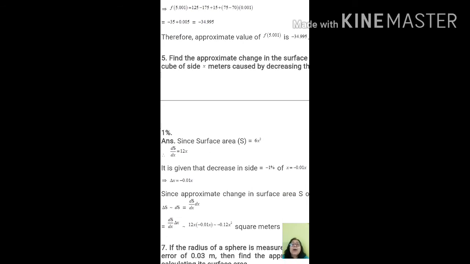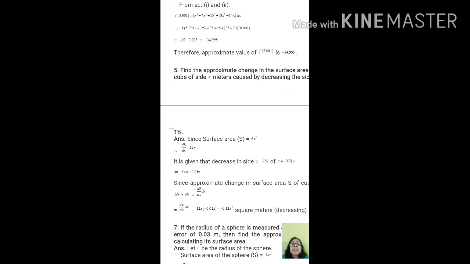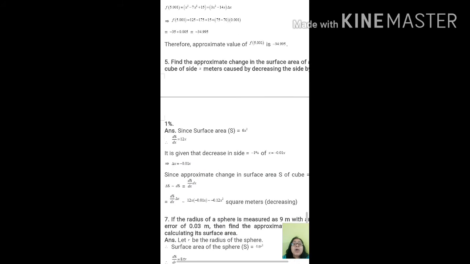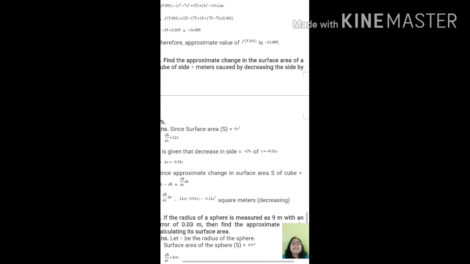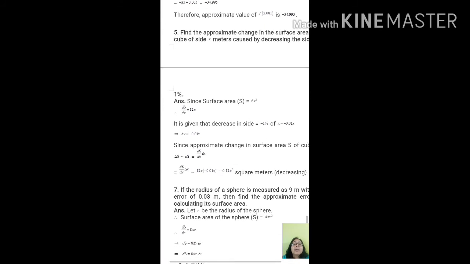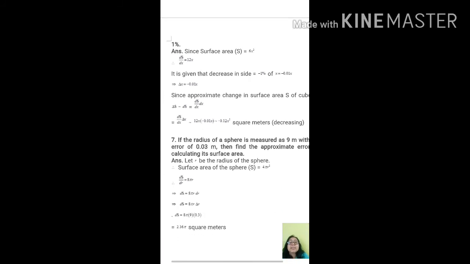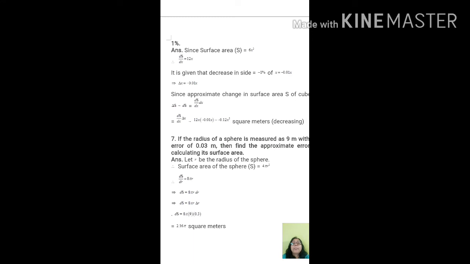Next question: find the approximate change in the surface area of a cube of side x meters caused by decreasing the sides by 1%. Okay. Surface area of a cube, there are 6 surfaces, so 6 a square, or 6x square, if x is the length of each side of the cube.